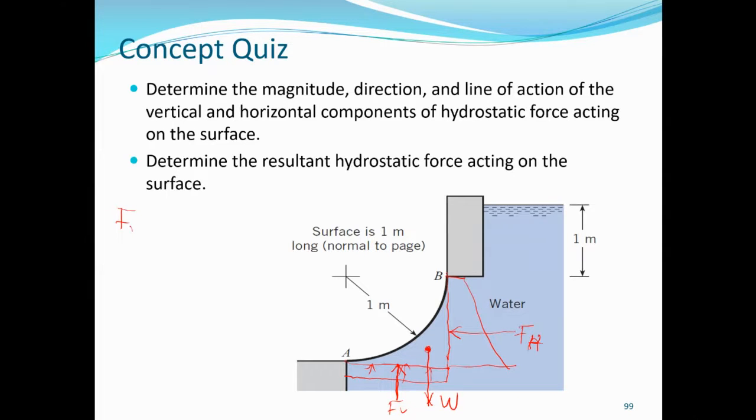FV, the vertical component of the pressure force, is provided by the pressure at the centroid times the area.